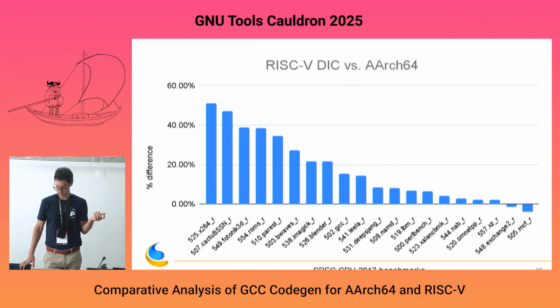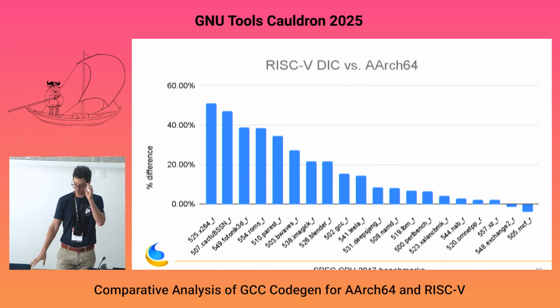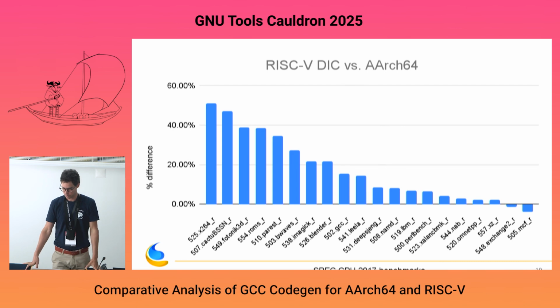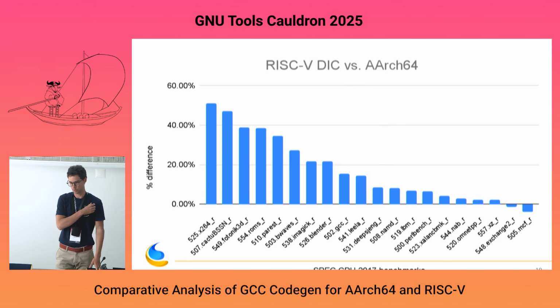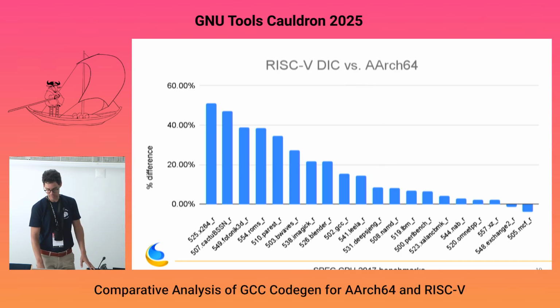But for the most part, for 18 out of 20, AArch64 is actually better in terms of instruction count. In some cases, like x264 or Cactus or Photonic, it's quite significantly better. So this is just an overview. Now I'm going to go into the details of, not all of them, but a selection of those benchmarks that I spent time on, to try and understand why we can see those quite large differences, and if there are some ways to reduce this gap.